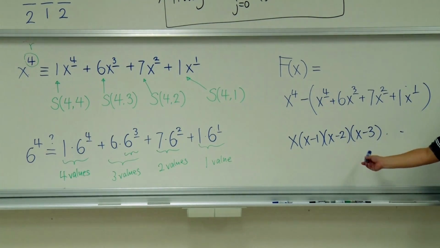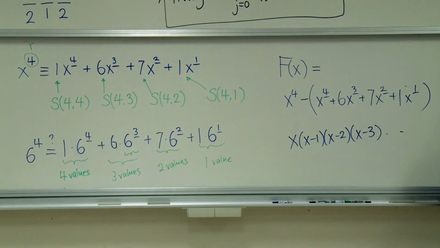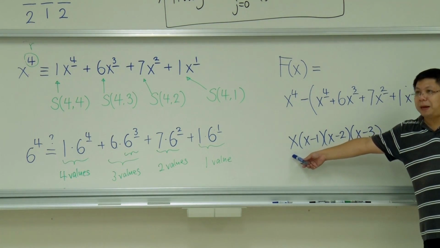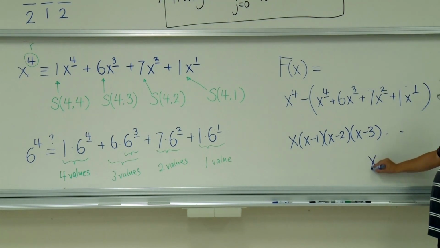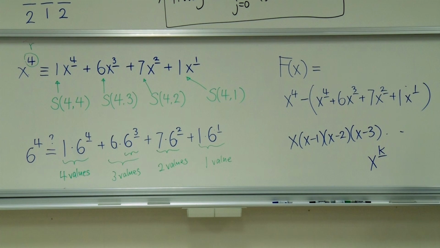So it would be something like 1, minus 6, 11, minus 6, something like this. So in the expansion of x to the power k falling, the coefficients correspond to the Stirling number of the first kind.